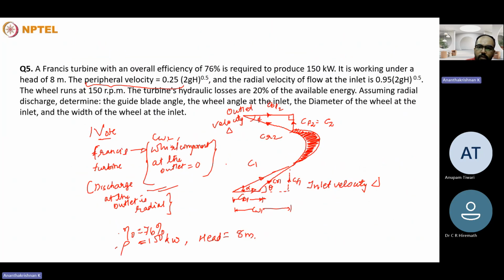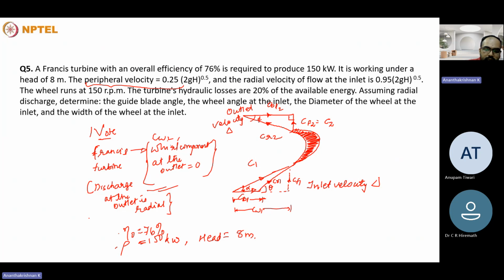The third part of the problem, we have to determine the diameter of the wheel at the inlet, and then we have to calculate the width of the wheel at the inlet. How to calculate the diameter of the wheel at the inlet? For that, quite a few things are required, right?